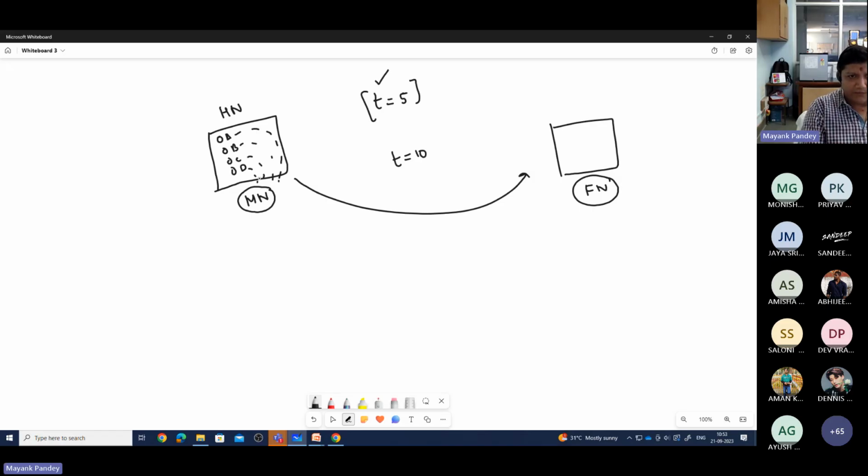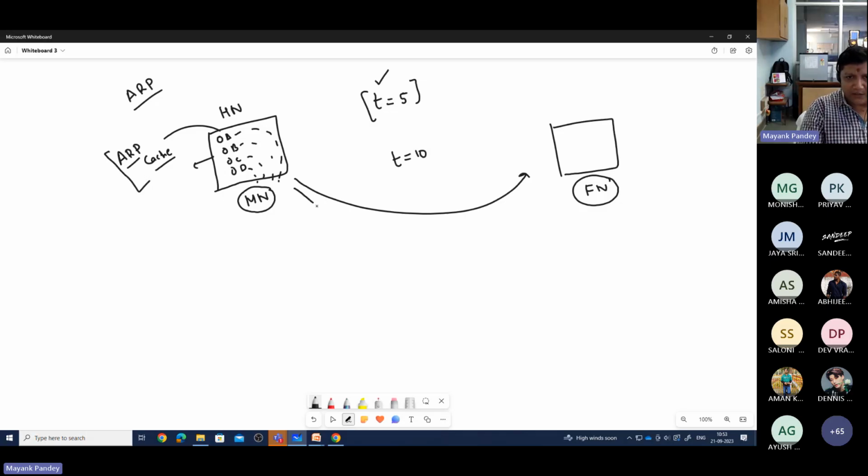Till t equal to 5, when the mobile node is inside the home network, some different nodes of this network might be communicating with it. And all these different nodes have an ARP cache. They might have contacted the mobile node, run the ARP process, address resolution protocol, got the MAC address of the mobile node, and updated their cache with it.